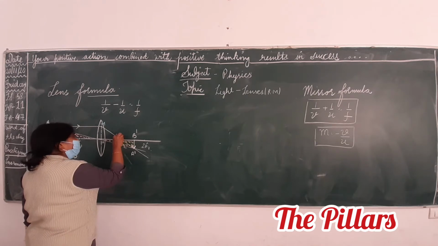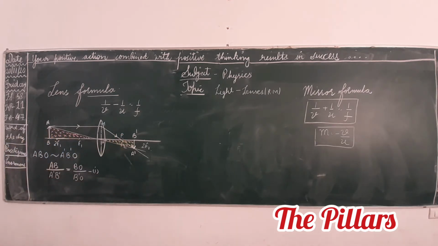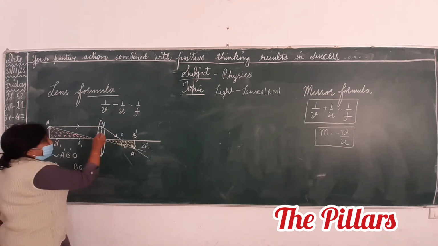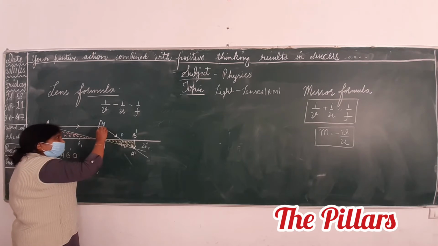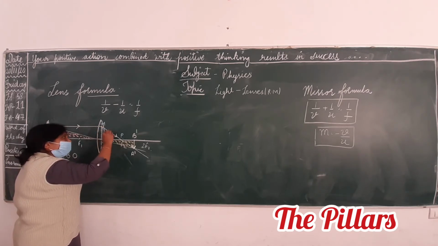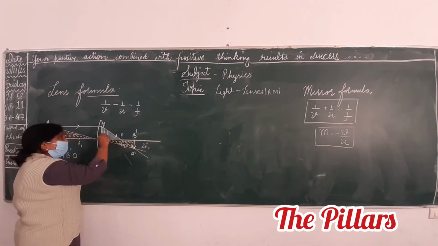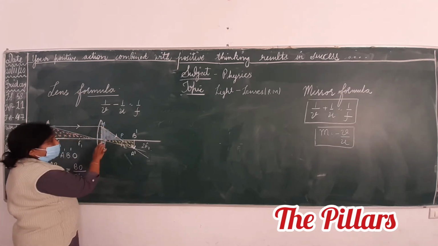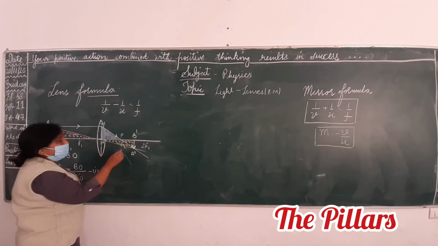P. Okay, take P. Then can we say that this triangle MOP is similar to which triangle?